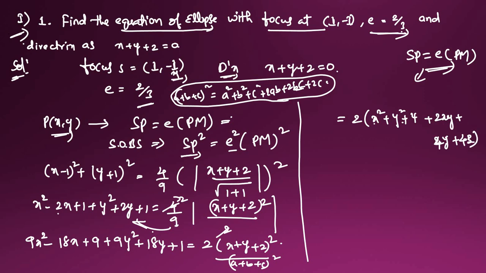So we get this from this one: 2x square plus 2y square, if we multiply, plus 4xy plus 8y plus 8z will come here.